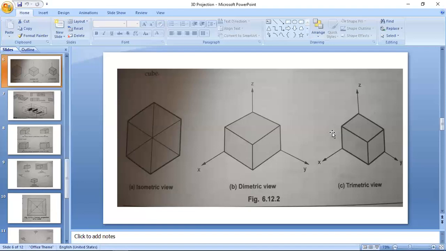Then axonometric orthographic projection gets classified again into three types: first isometric, second dimetric, and third trimetric. So till now we have seen this much. Let's see the further part.